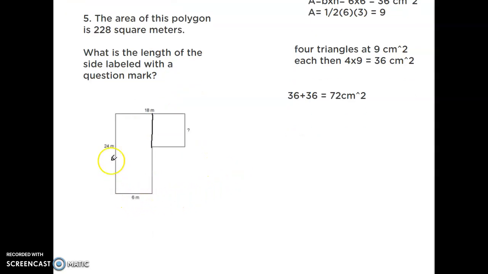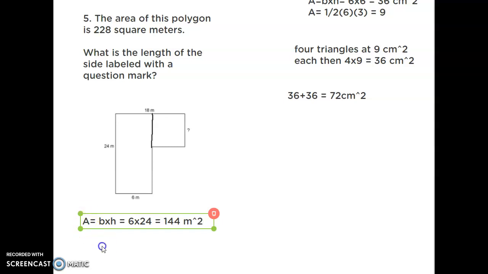We know this area would be 6 times 24, base times height, and that would give us the area of that rectangle, and that's 144 meters squared.